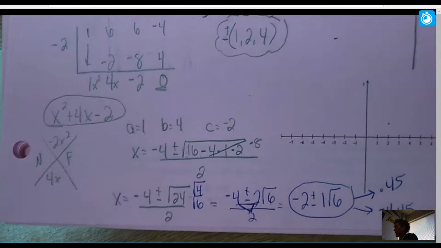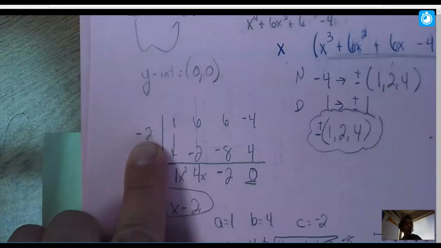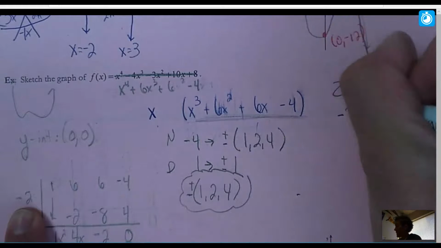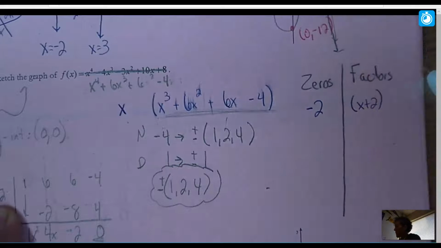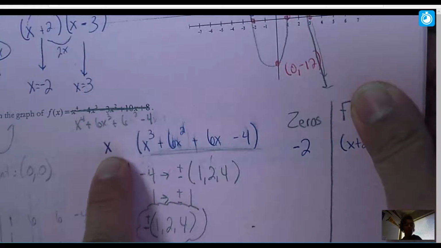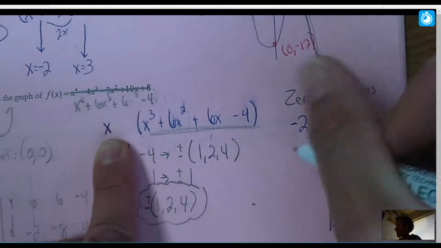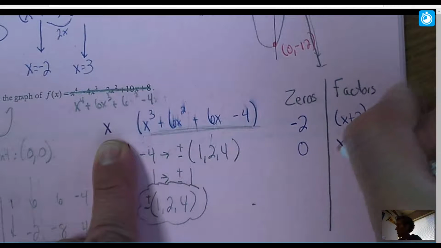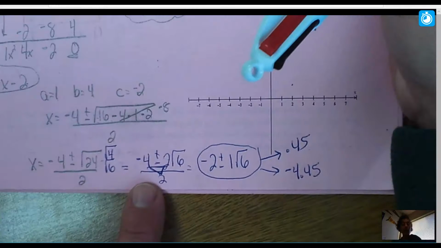So let's talk about the zeros. So there's the one that we tested, negative 2. I would need a factor to go with it, which is x plus 2. Remember, I'm going to have 4 answers. Another answer was from here. This was a GCF factor. So what would make that 0 is 0. Here's its factor, right? And then my other 2 answers come from here.